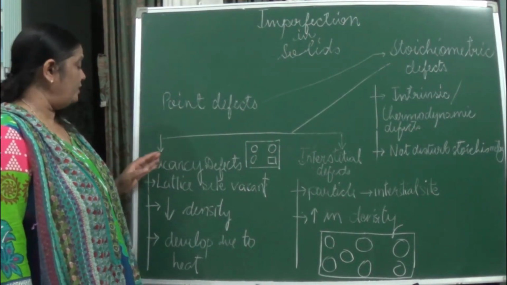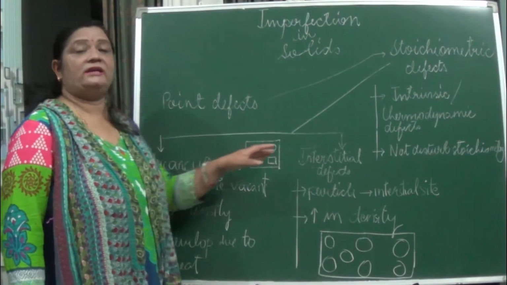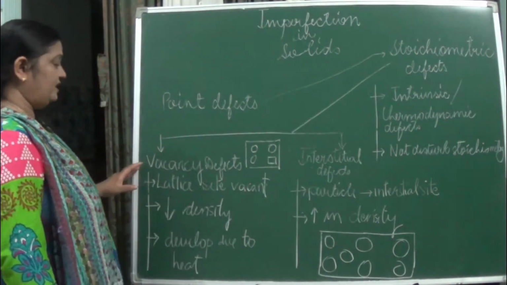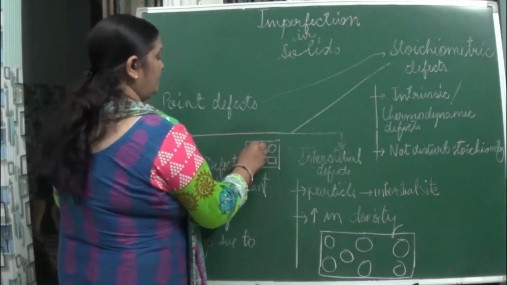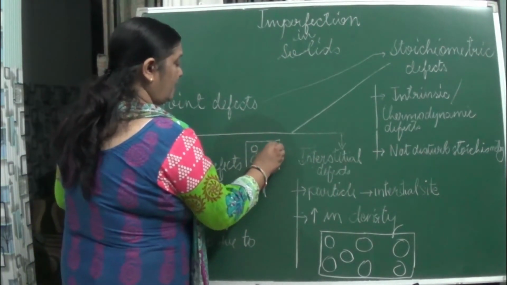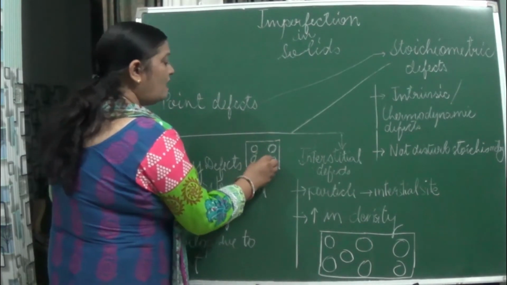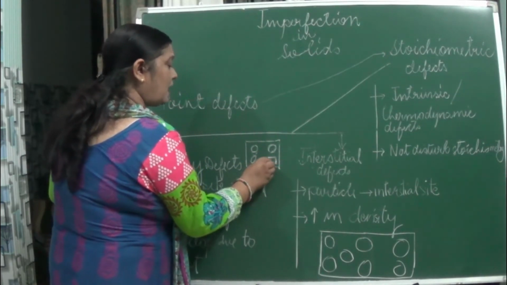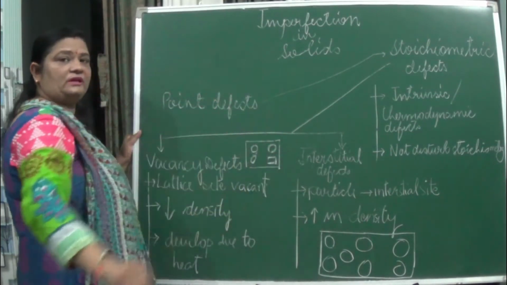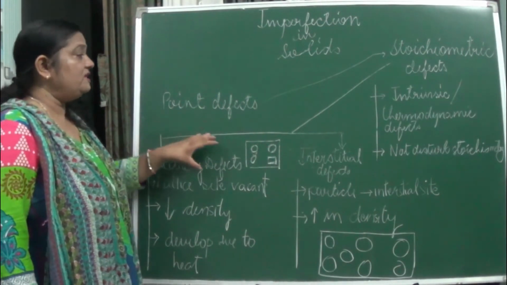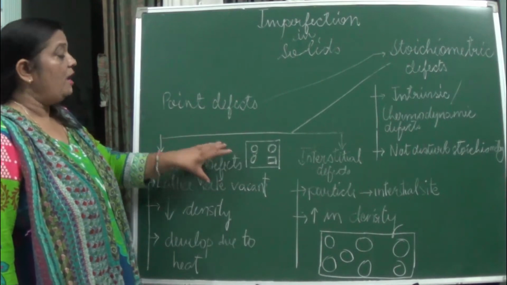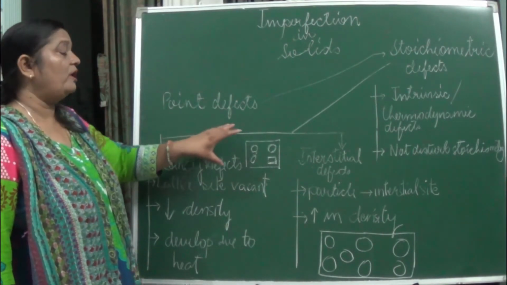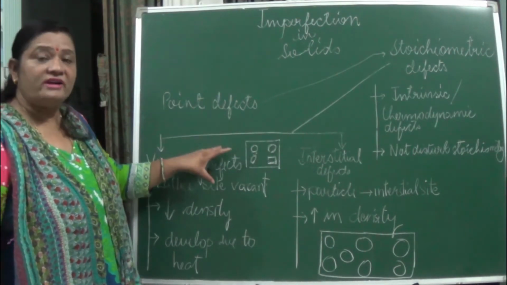So when we study vacancy defect and interstitial defect, first the vacancy defect. You can see the atoms over here, the particles are arranged. In this vacancy defect, an empty space comes out, meaning a vacancy is created. These stoichiometric defects are due to thermodynamic effects. When the molecules are heated, this defect is caused.